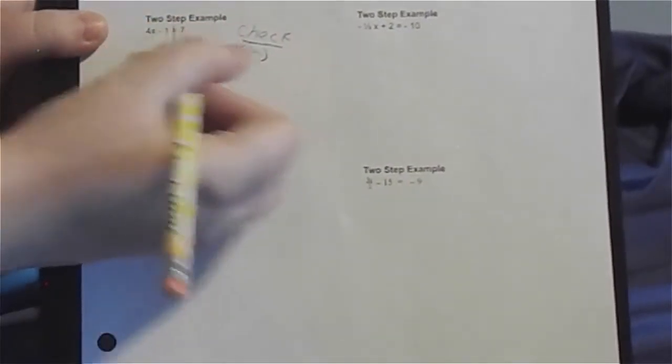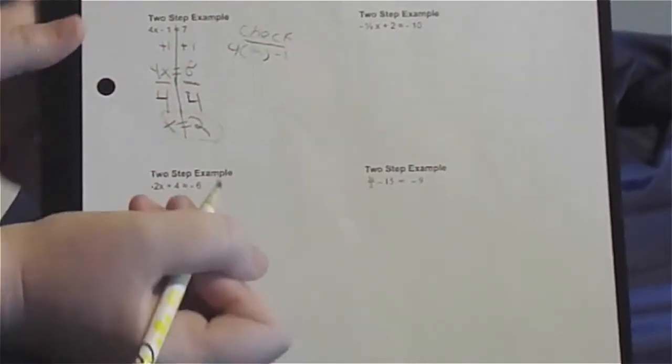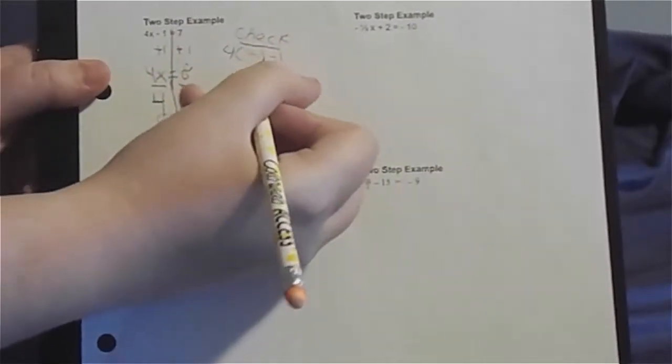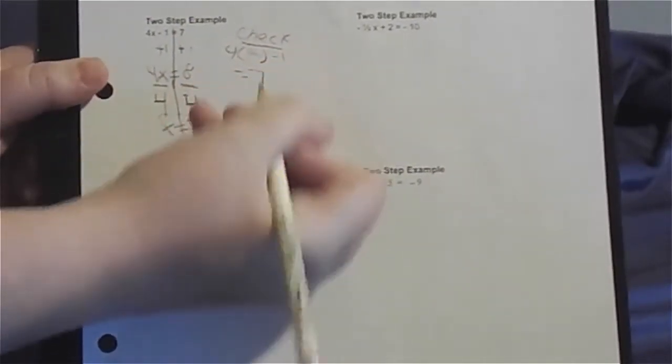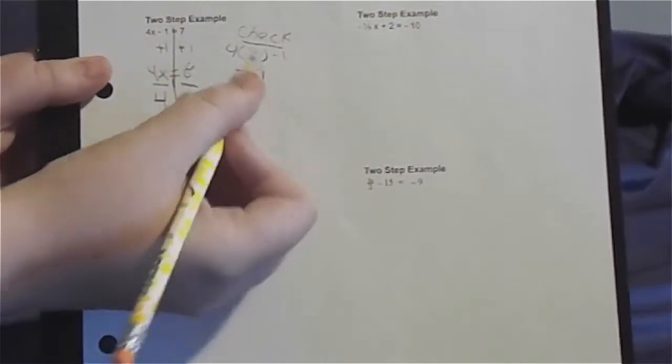Then it says 4 times 2, minus 1. If I put that in a calculator, it's going to give me 7, which is exactly what I wanted, because 4 times 2 is 8, minus 1 is 7. So I know my answer is right, because when I put it back in and checked it, I got the answer I should have gotten.